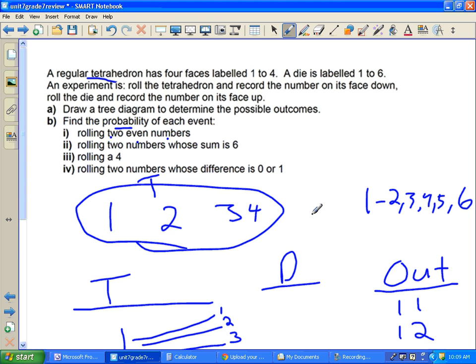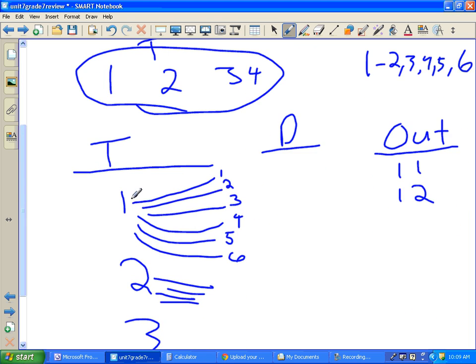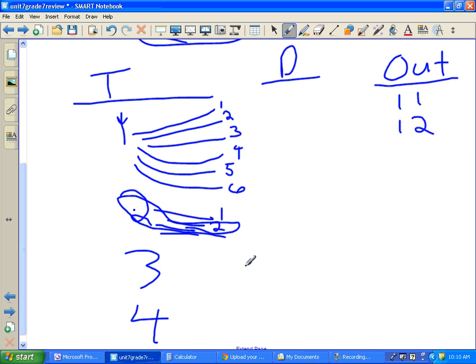Looking back at what we just made, none of these are even because this one starts with a 1. So I'd have to look at 2 and 2. That's one, both of them are even. Then I'd keep going down through it and seeing how many of them were both even. And then I'd write that out of 24 possibilities. How many were even out of 24?